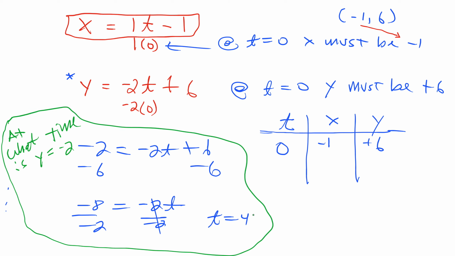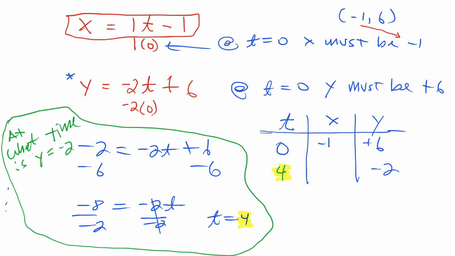We figured out that the time needs to be 4. Plug it back in and double check it in the original. At time 4, I get negative 8, and negative 8 plus 6 is negative 2. That works, right?